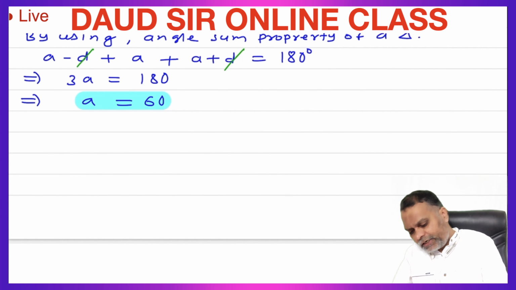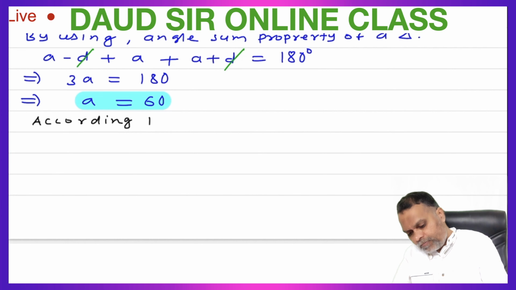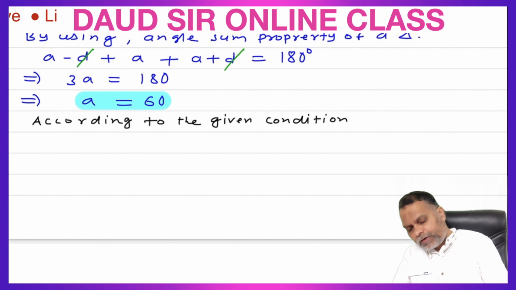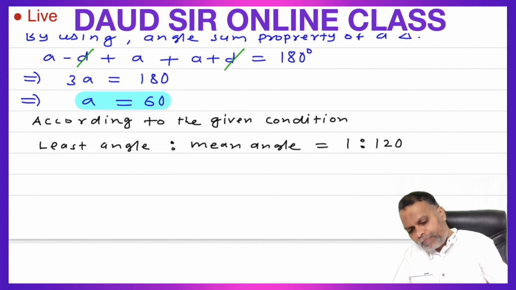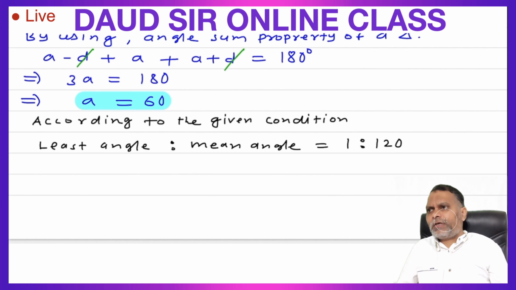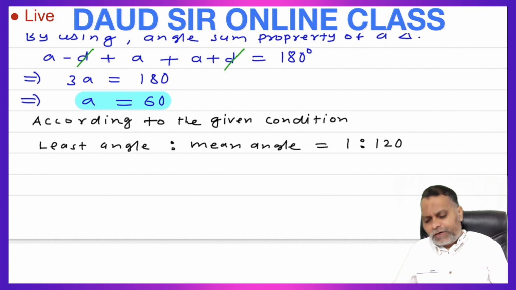Now, according to the given condition, least angle is to mean angle is equal to 1 is to 120. This condition is given. Least angle is to mean angle in degrees is equal to 1 is to 120.